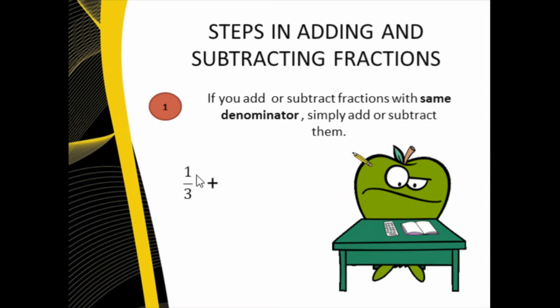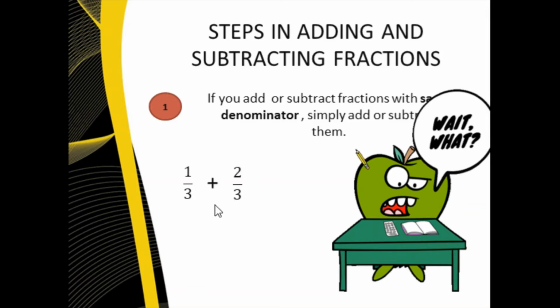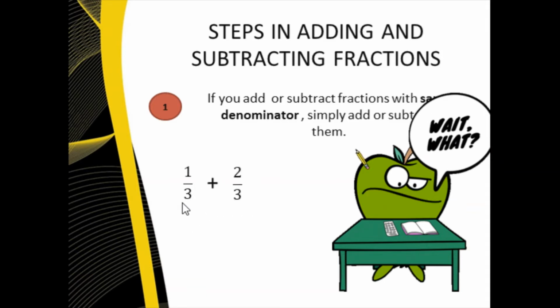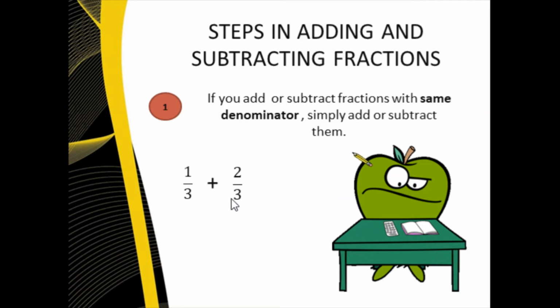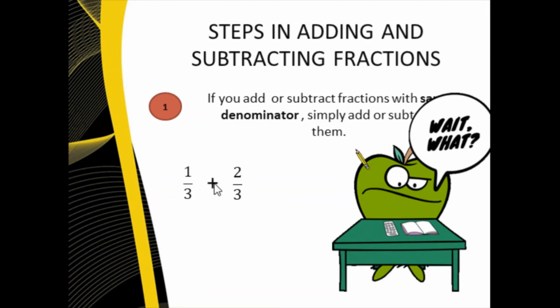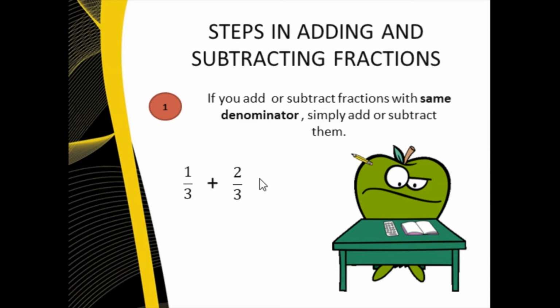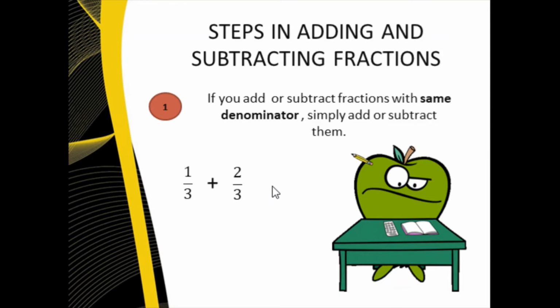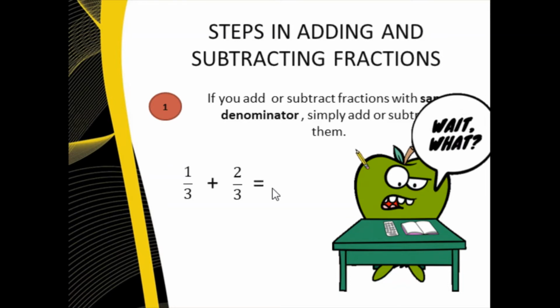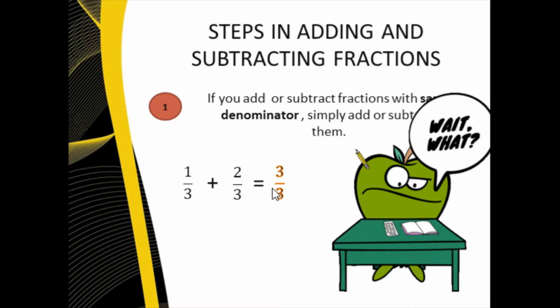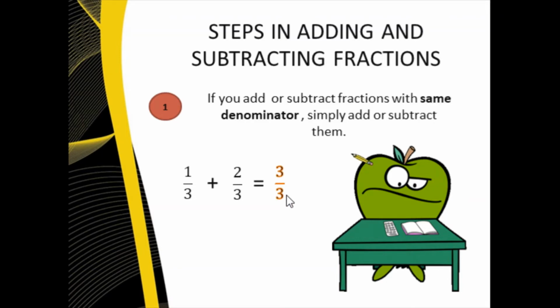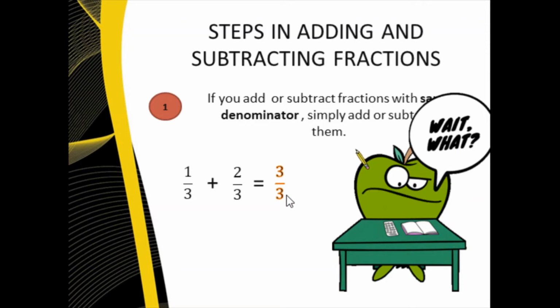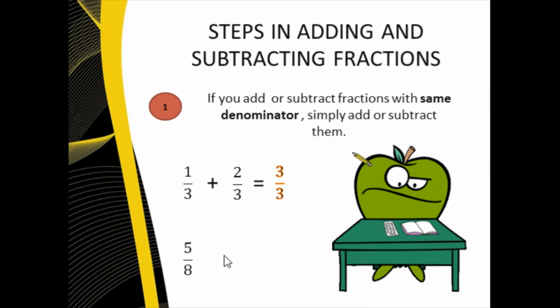Example, we have 1/3 plus 2/3. Their denominators are the same, so we add 1 and 2, right? 1 plus 2 is equal to 3. Very good. And copy denominator 3. So we get 3/3. That's for addition.